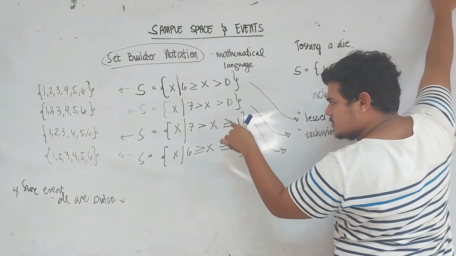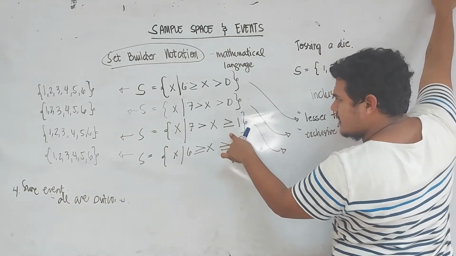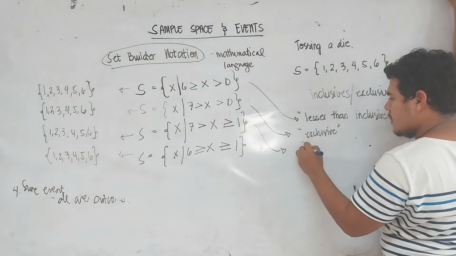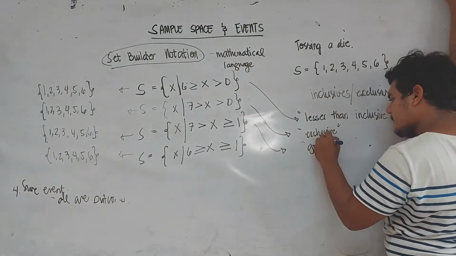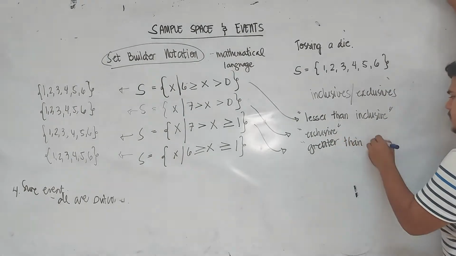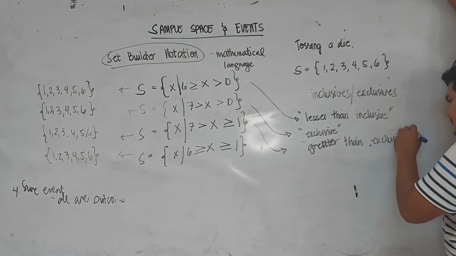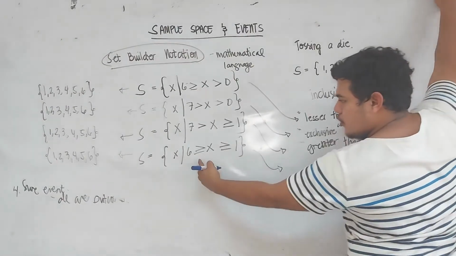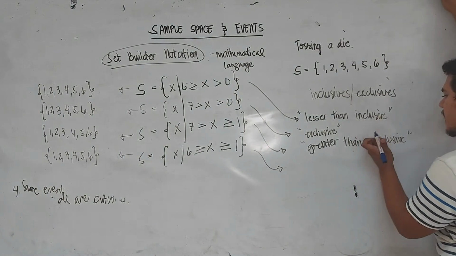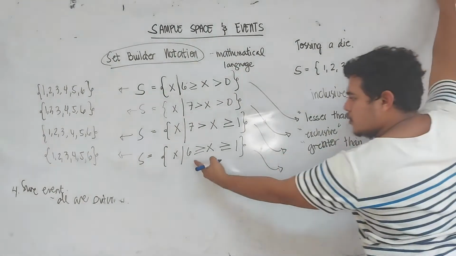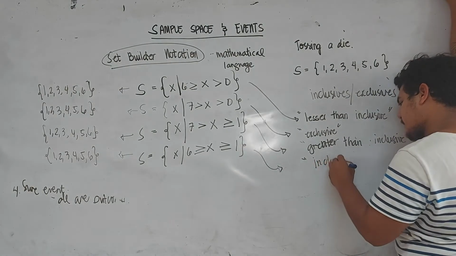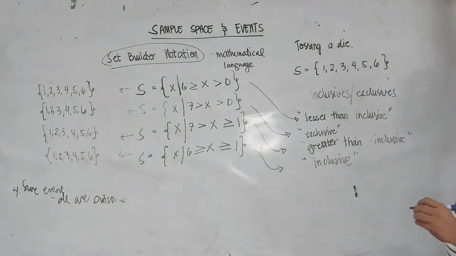Ang greater than, this is what we call greater than exclusive. This one, greater than inclusive. This one puro included. So therefore, that is what we call inclusive. That is how you make a set builder notation.